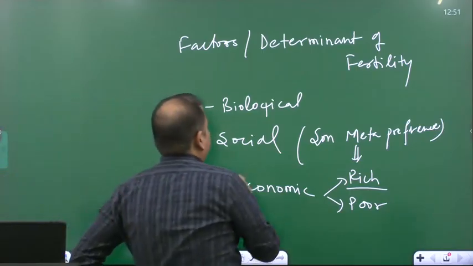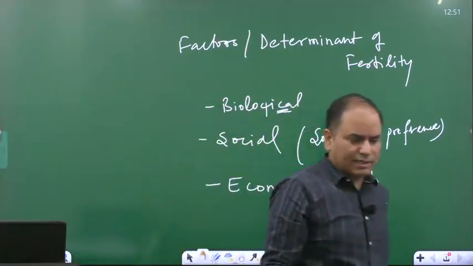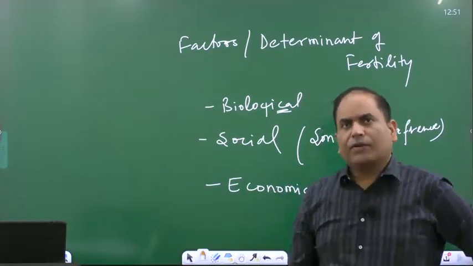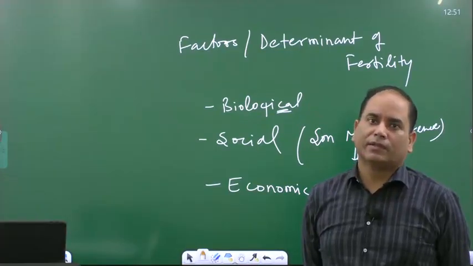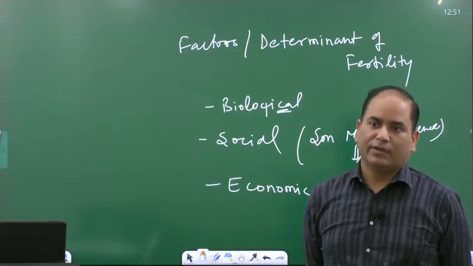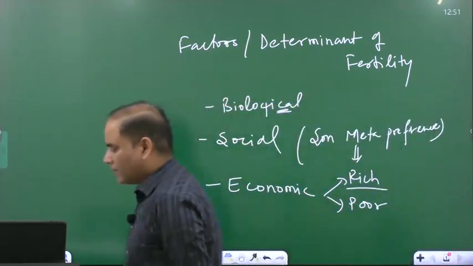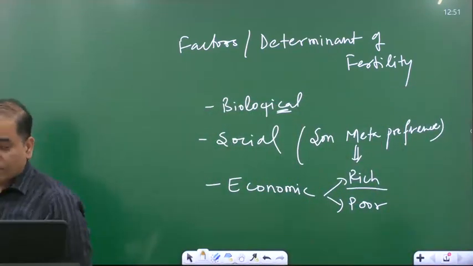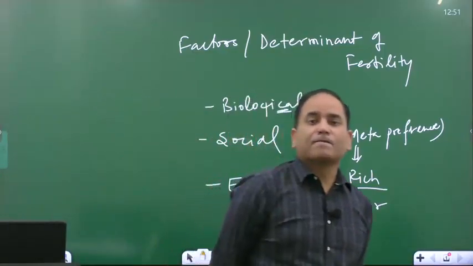Then even in biological factors, you can write about some diseases, like sickle cell anemia, which is prevalent in some tribes, specifically the tribes of Gujarat.